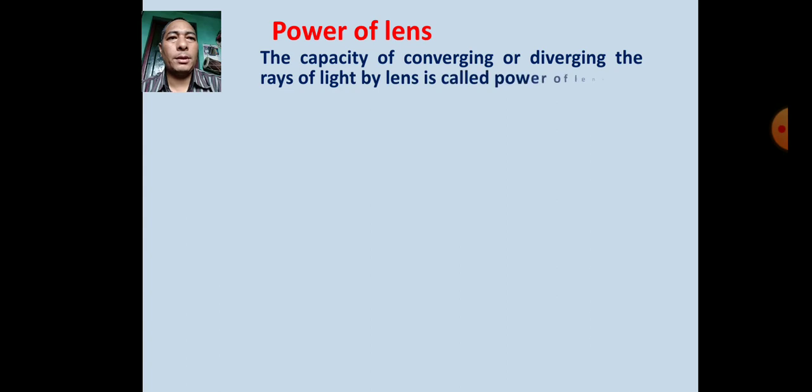Power of lens. The capacity of converging or diverging the rays of light by lens is called power of lens. It is denoted by capital P and its unit is diopter.